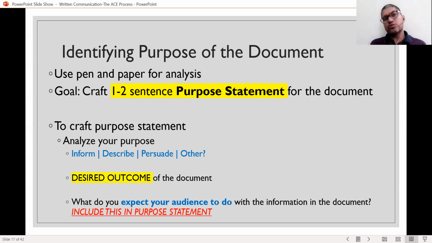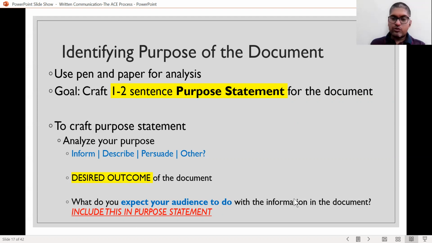The same issue can be explained in different ways. If you're trying to inform people versus if you're trying to persuade them, the nature of the document changes. So the desired outcome of the document needs to be kept in mind whenever you craft the purpose statement.